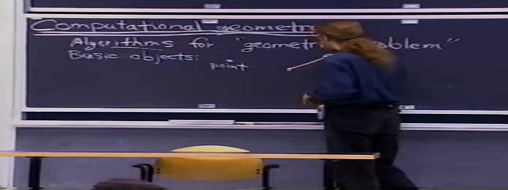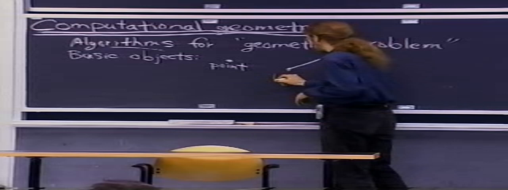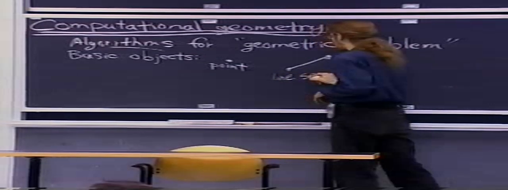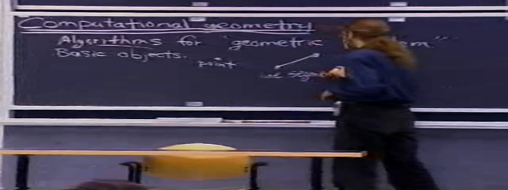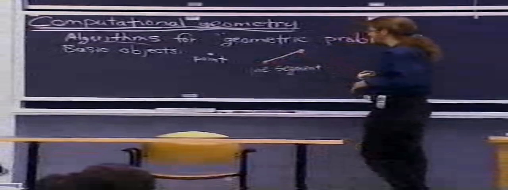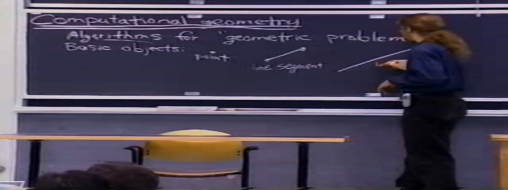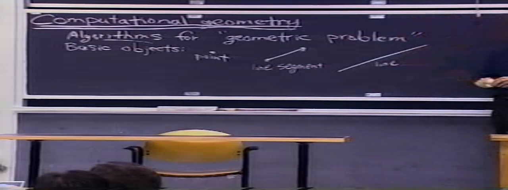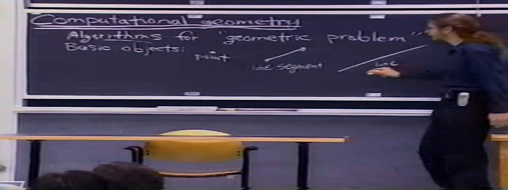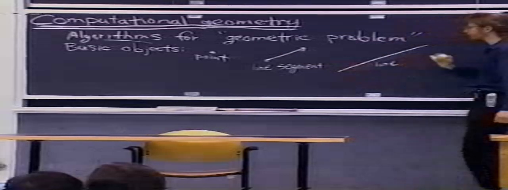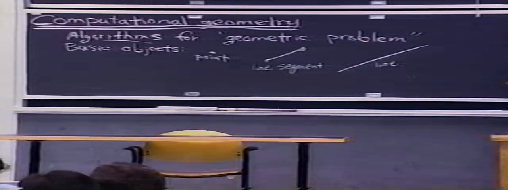Maybe the next simplest thing is a line segment between 2 points. Maybe a little simpler than that is a line. A line is infinite in both dimensions. Sometimes people say line and they mean line segment, but this is a common distinction.